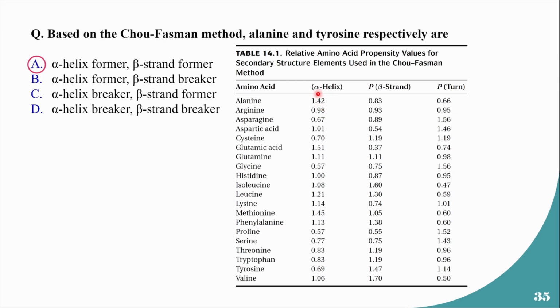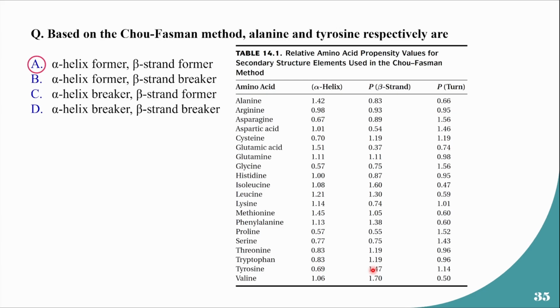Here you have different values, right? For alpha helix, beta strand, and turns also. For alanine and tyrosine, if you notice, for alanine the alpha helix value is 1.42. For tyrosine, the beta strand value is 1.47. Now, the interpretation is that if it is higher than 1 for this particular method, then that will be a former.